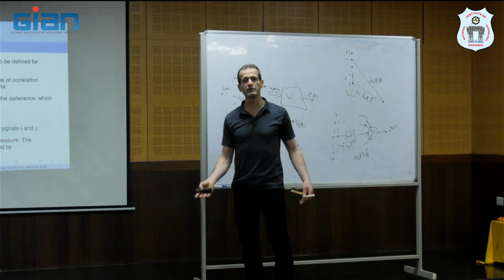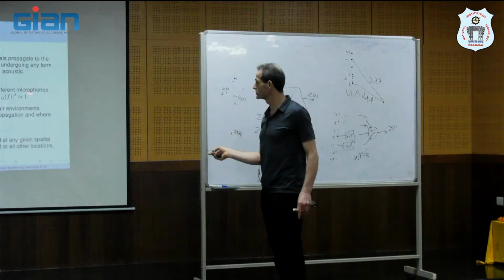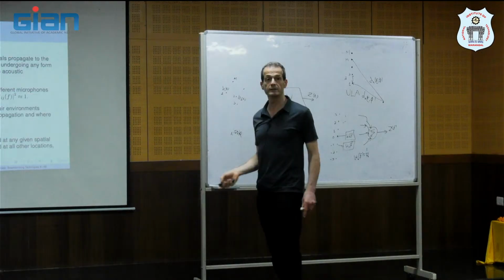Okay? So if we have a simple delay of the signal between every two sensors, so if you take a sensor and another sensor, and the relation between the signals in the two sensors is a simple delay, we have magnitude squared coherence which equals 1.